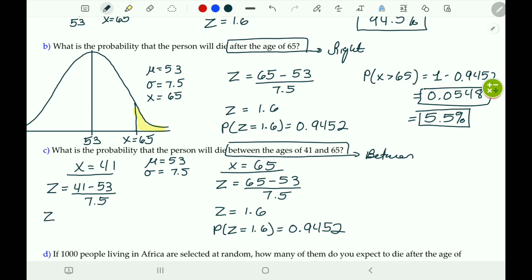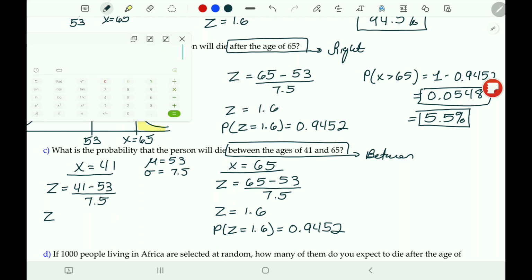Let's do the math for this one. So that's going to be 41 minus 53. That's negative 12. Divide that by 7.5. We have negative 1.6. To find the probability that z equals negative 1.6, well, we should know that already.